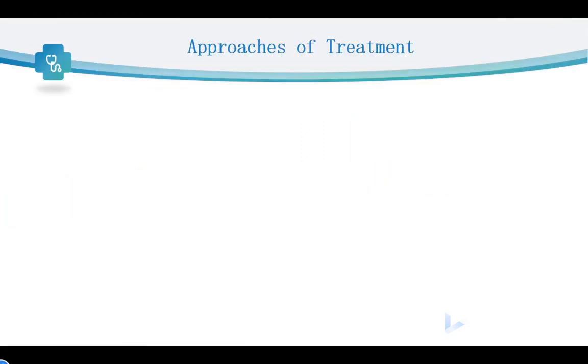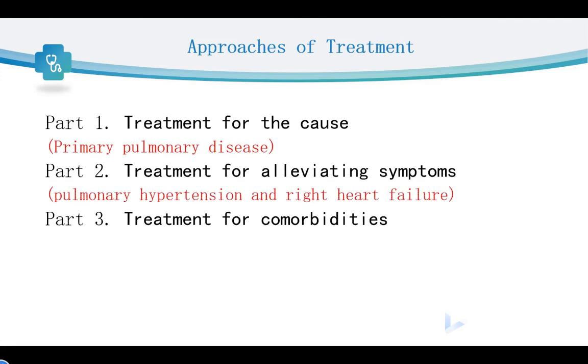The approach to the treatment for this patient is the same as for patients with other diseases. We have talked about this several times, right? Because it's useful for almost all patients. There are 3 parts for the treatment.